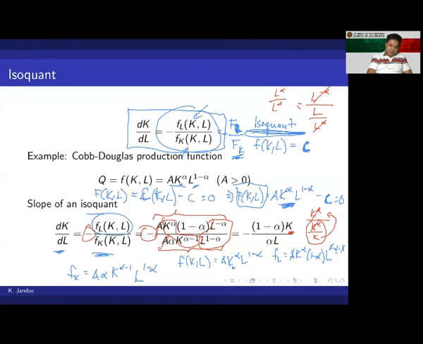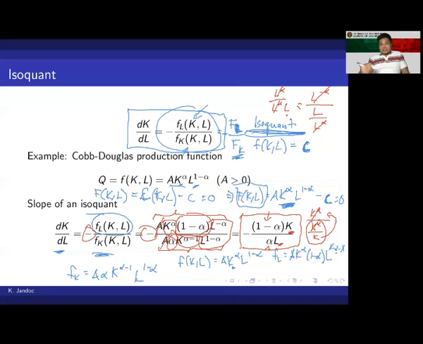Then you have a 1 over L here, so you have an extra L here. So L^alpha cancels. That's why you have a 1 over L, which is this L over here. Then you have 1 minus alpha here and alpha here. Just by simplifying things, you arrive at this expression: negative (1 minus alpha) times K divided by alpha times L.